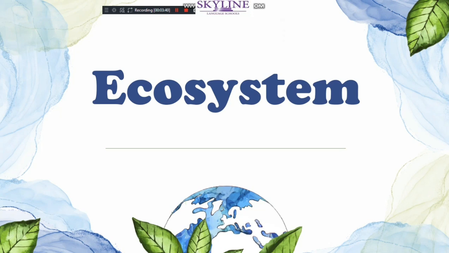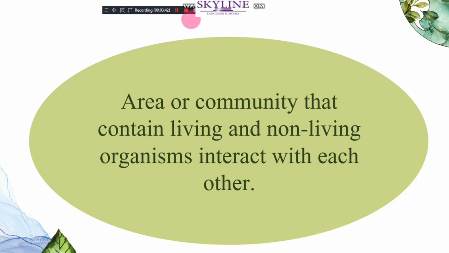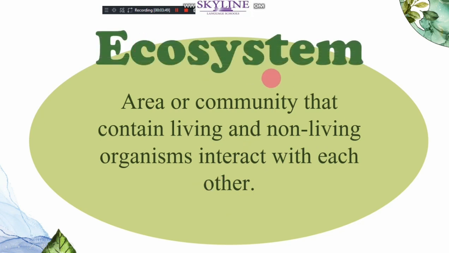So any area that contains living and non-living organisms that interact with each other is called an ecosystem. So what does it mean by ecosystem? A community that contains living and non-living things.